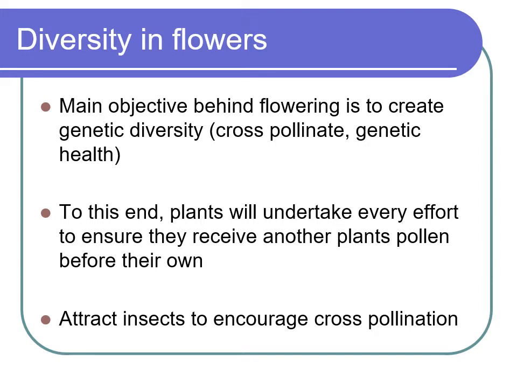So plants have adapted to attract pollinators and also have adapted to ensure that they try to receive another plant's pollen before they receive their own. So like I said, attracting insects to bring pollen from other plants, that's a strategy. Even wind pollinated plants will delay their development, right?